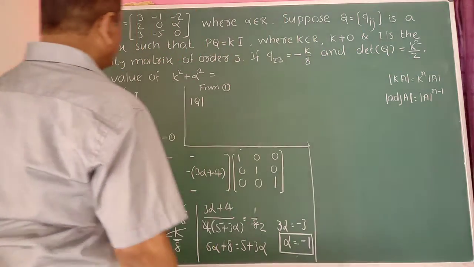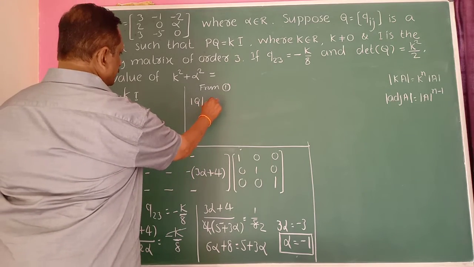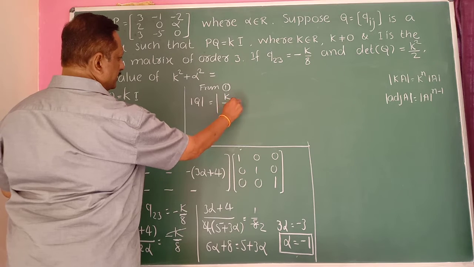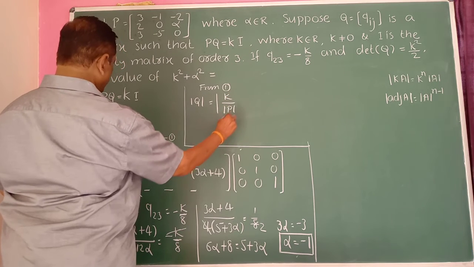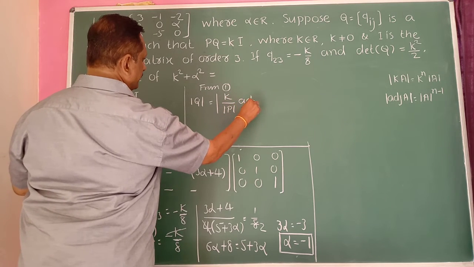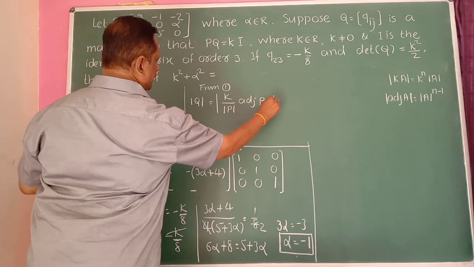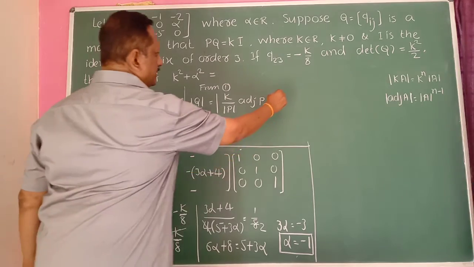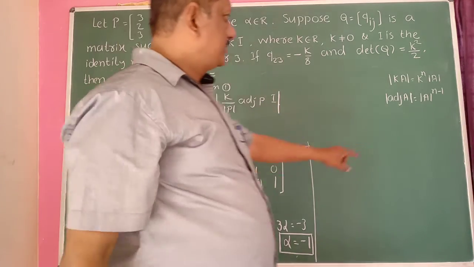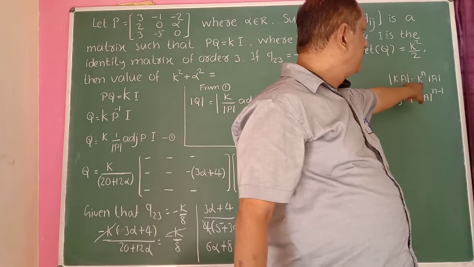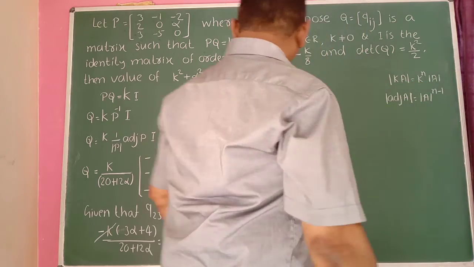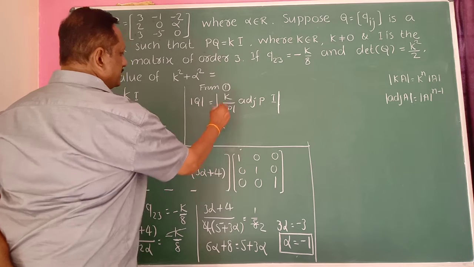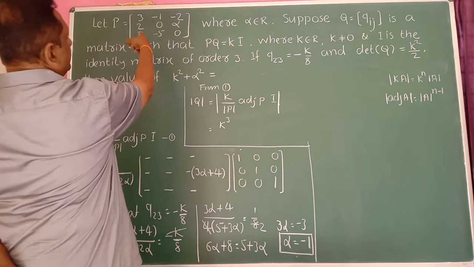So we will find determinant of q, that is equal to determinant of k divided by determinant of p into adjoint of p into I, taking a determinant on both sides here. Then here suppose if k is a constant, then k raised to n into determinant of a. So using that property, k raised to 3, because the order of this matrix is 3 here.